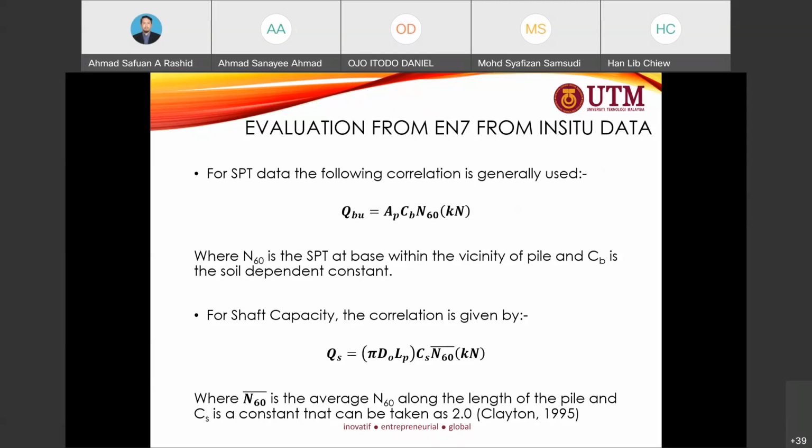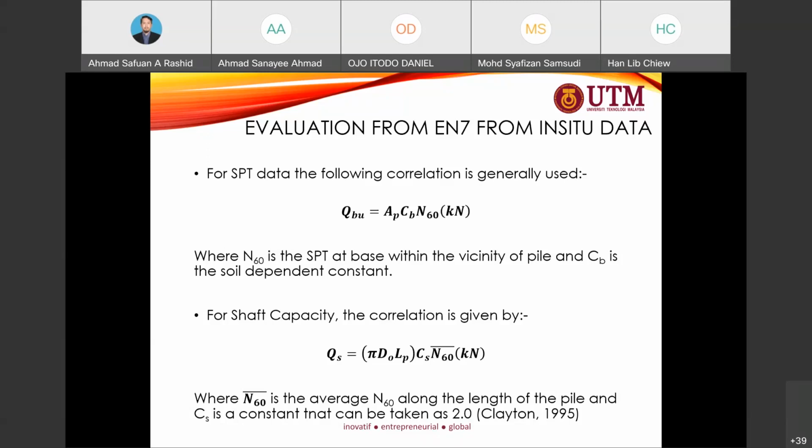So this is the formula. Normally, we may conduct soil investigation work, and in the soil investigation work, we normally carry out the SPT.